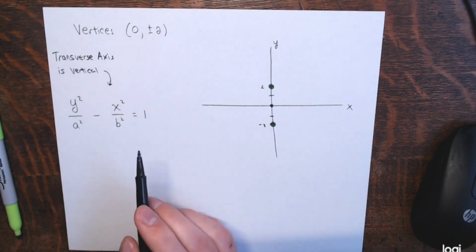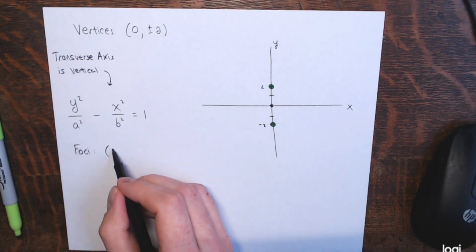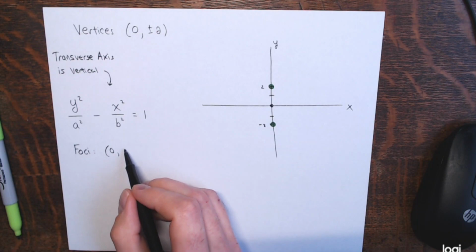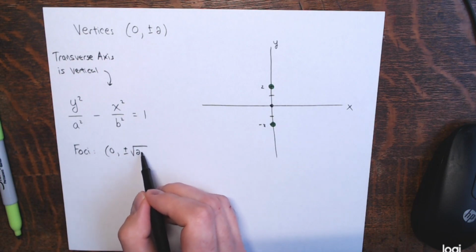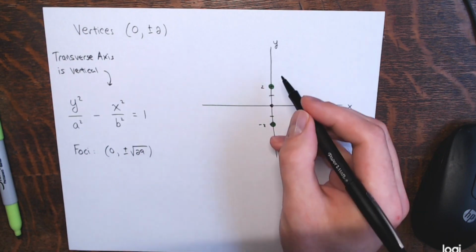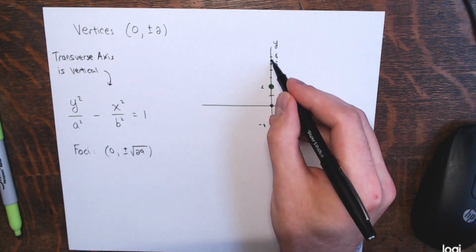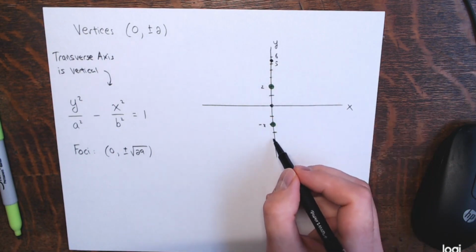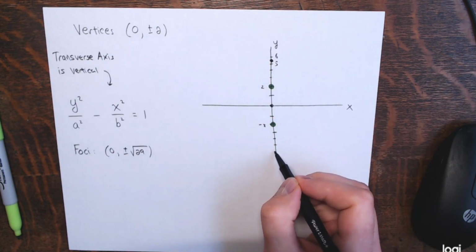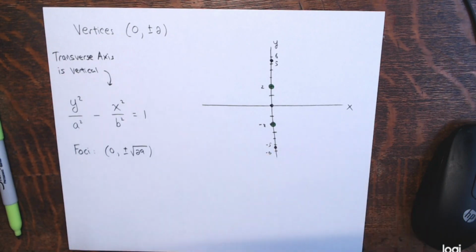All right, and they told us the foci are at (0, positive square root of 29) and (0, negative square root of 29), and that's between 5 and 6 units. So between 5 and 6 units, there's one focus, and then down here, -3, -4, -5, -6, there's another focus. We just don't know the asymptotes, so I'm not going to draw the hyperbola yet.